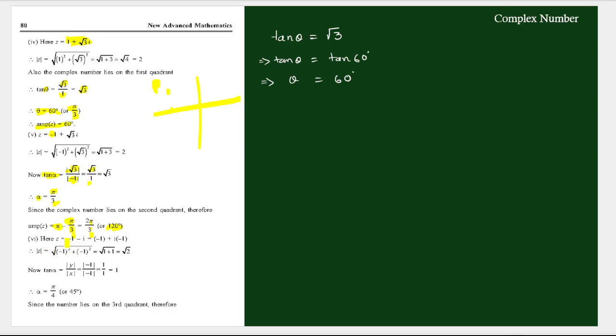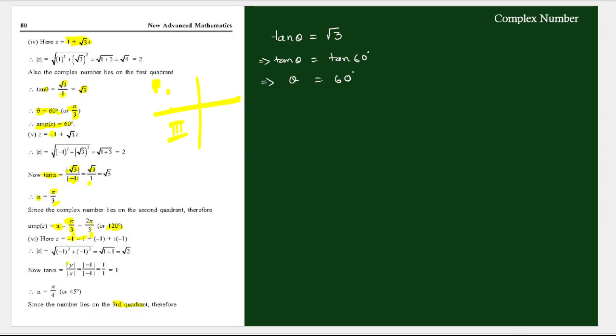Now minus 1 minus i, this is in the third quadrant, right? x is negative, y is also negative. So it lies in the third quadrant. Tan alpha, minus minus 1, is what? 45 degree, so pi by 4.